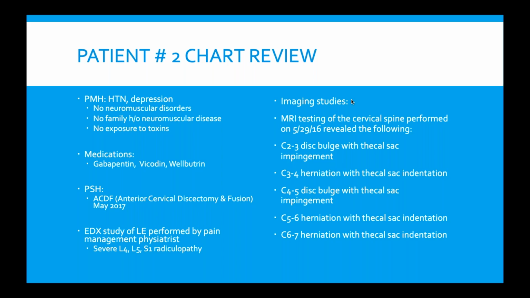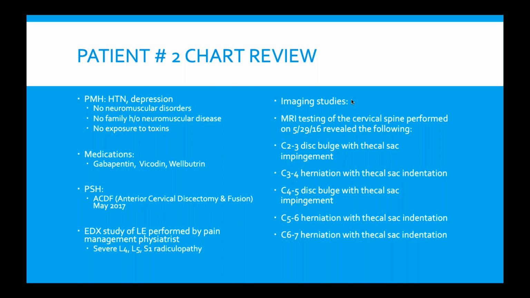He had lower extremity symptoms as well, and he did have an electrodiagnostic test performed by a pain management physiatrist. I didn't get to review the test, but the report was in the chart, and it said the impression was a severe radiculopathy affecting bilaterally multiple levels, L4, L5, S1.